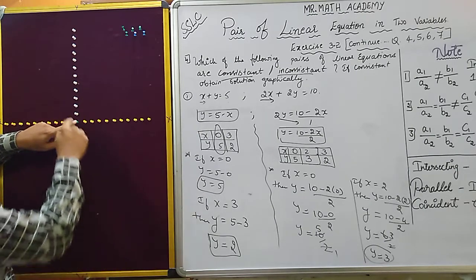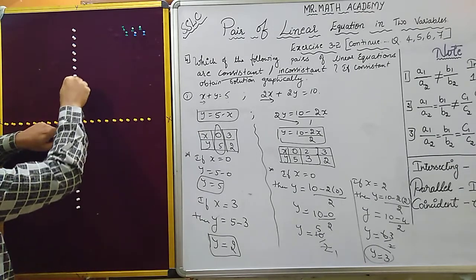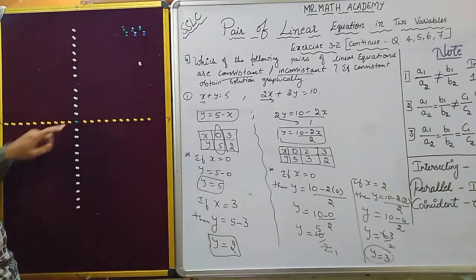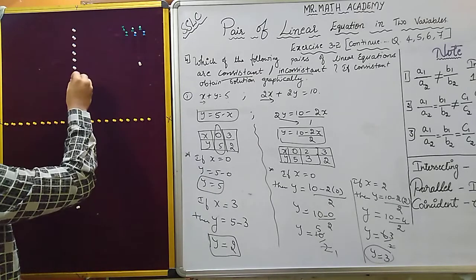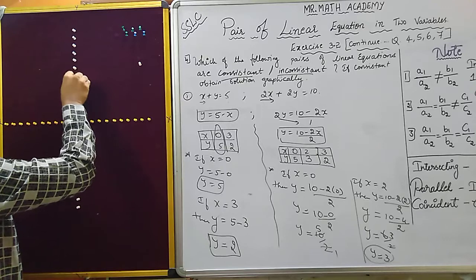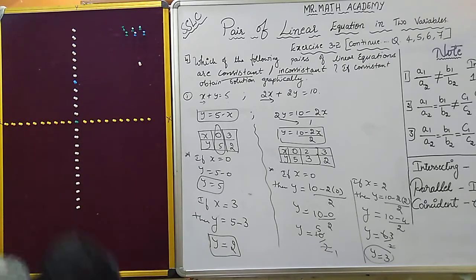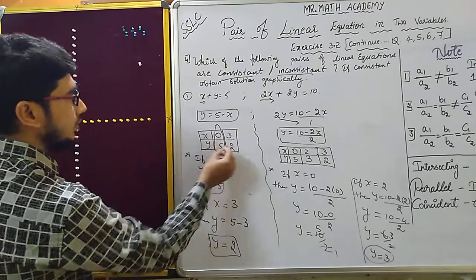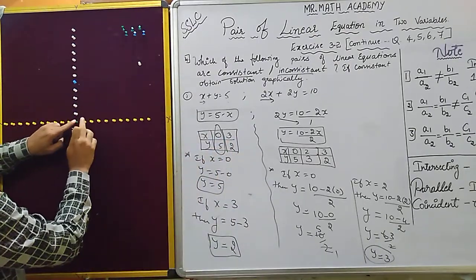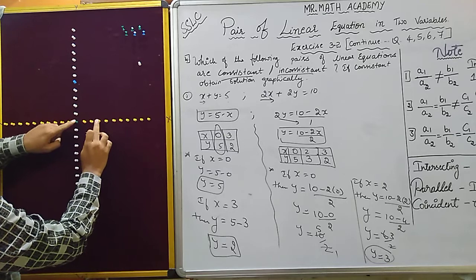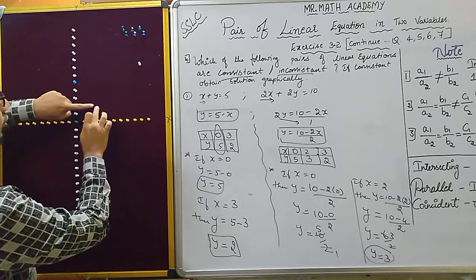That is positive, 1, 2, 3, 4, 5. Next, for x 3, y is 2. X is positive 3: 1, 2, 3. Y is positive 2: 1, 2. It will come and join here.